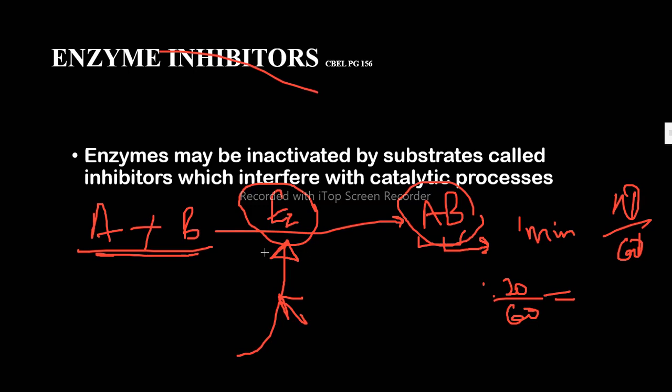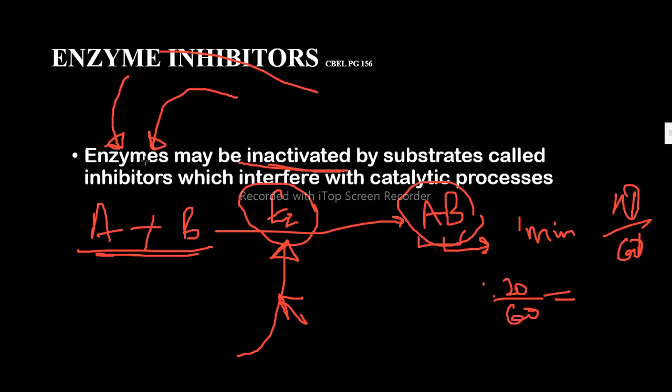Sorry. So now these inhibitors, they do interfere with the catalytic process either by inactivating the enzyme, hence reducing its efficiency, or by completely denaturing the enzyme. Let me say that why. You studied denaturation of proteins. We saw that.